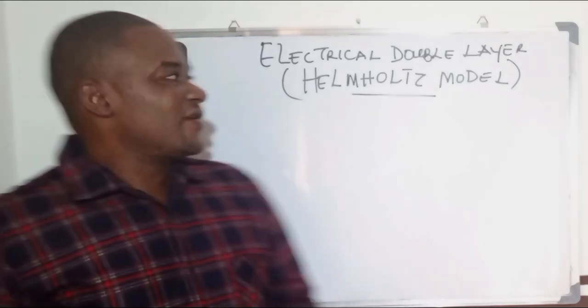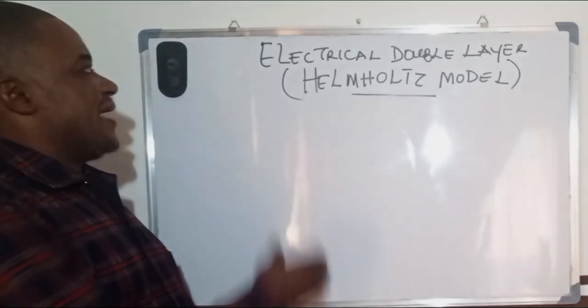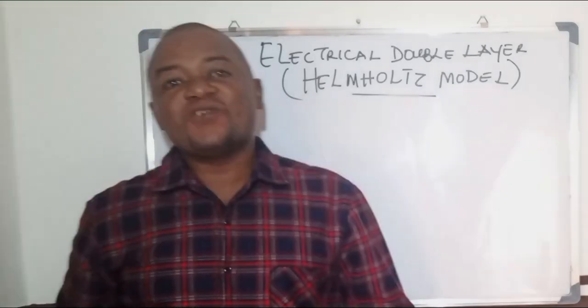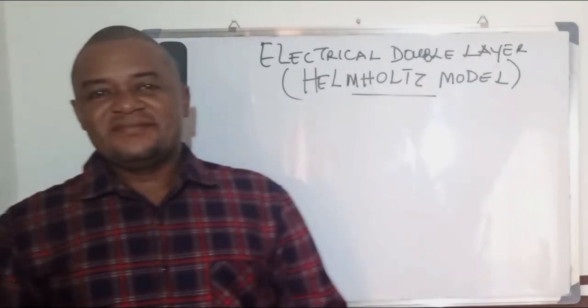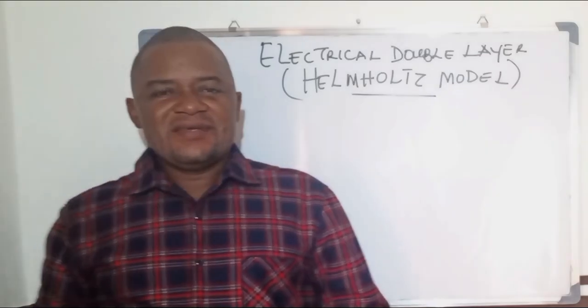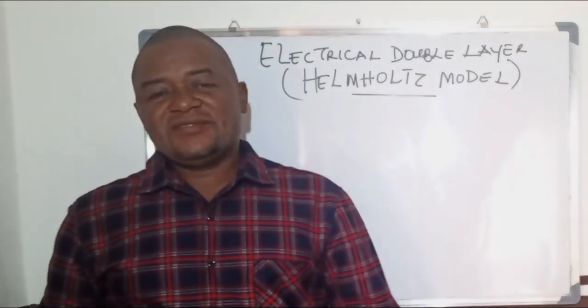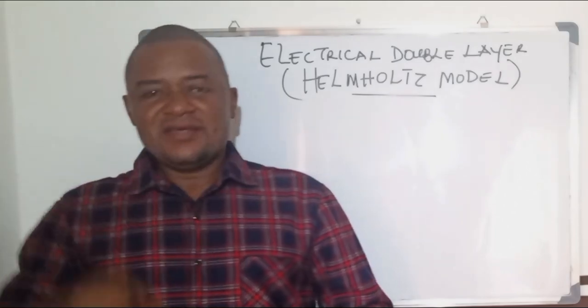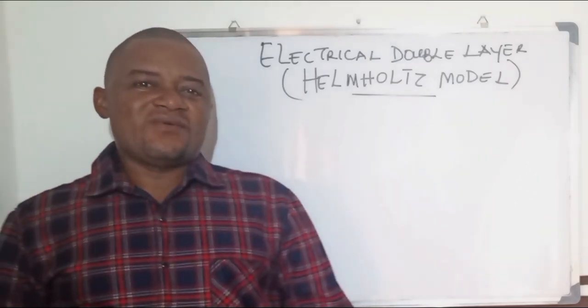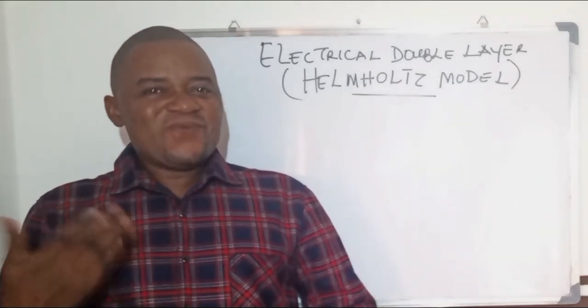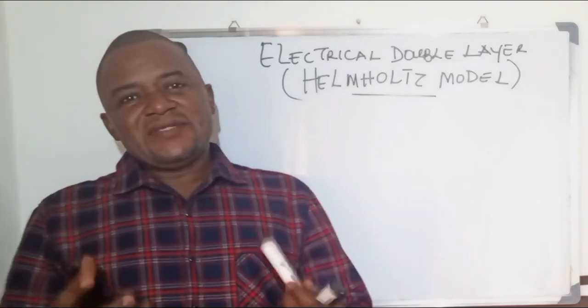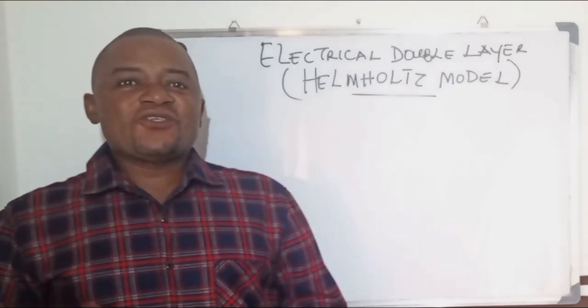So we are going to be talking about the Helmholtz model, and that is under the electrical double layer. Do you wonder at times why it is that the tin milk you have does not coagulate?